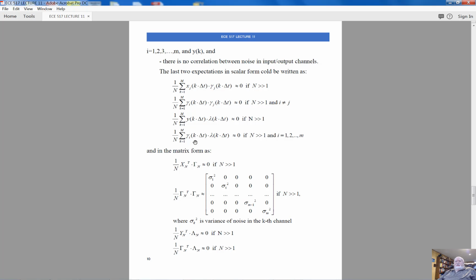I would also say it is useful to say exactly the same thing, but using matrix-vector form.